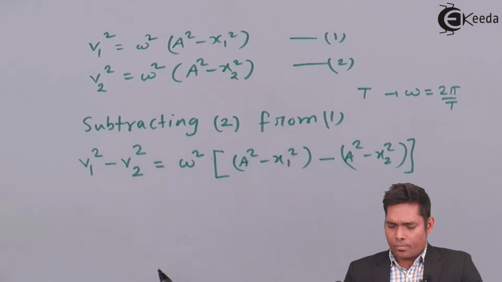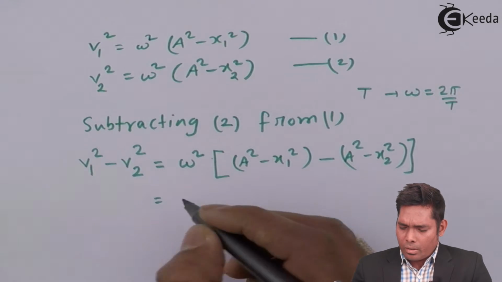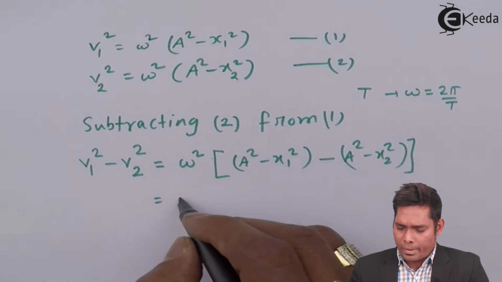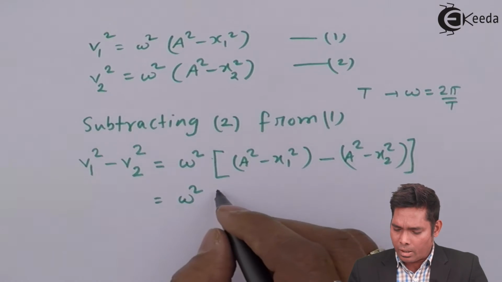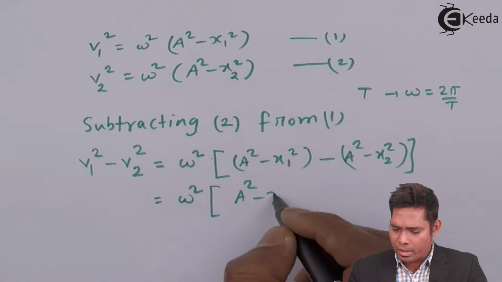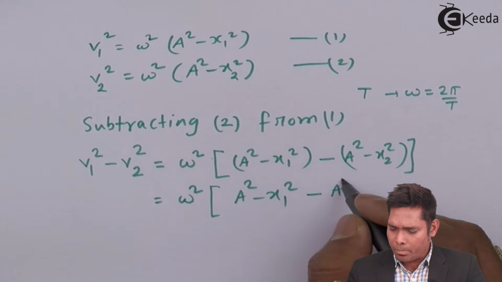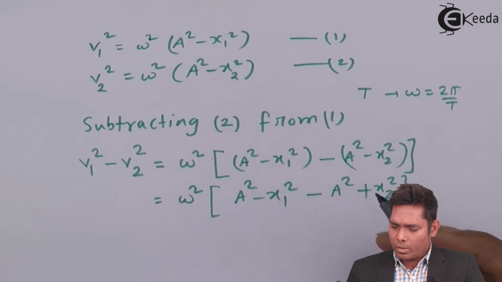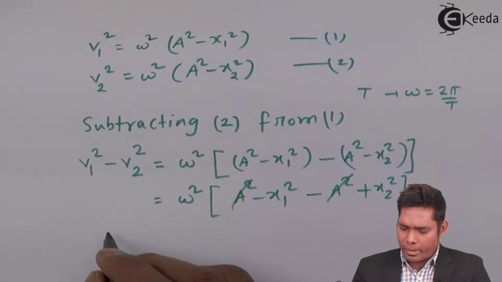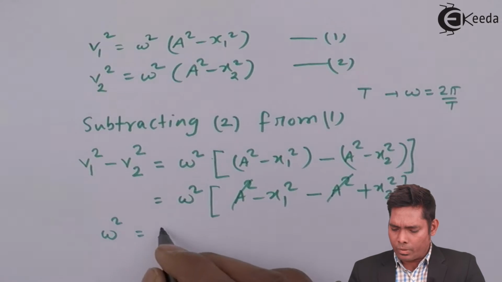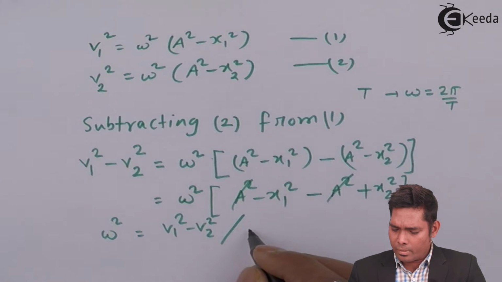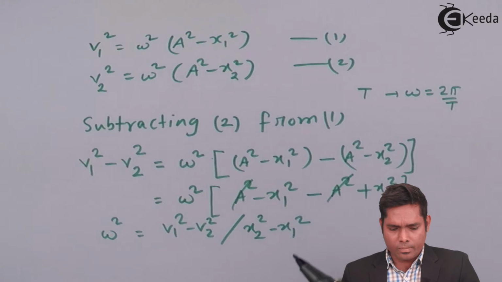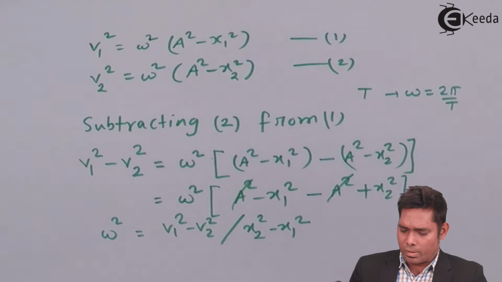This comes out to be omega square times a square minus x1 square minus a square plus x2 square. The a square will cancel out, and omega square becomes v1 square minus v2 square divided by x2 square minus x1 square.